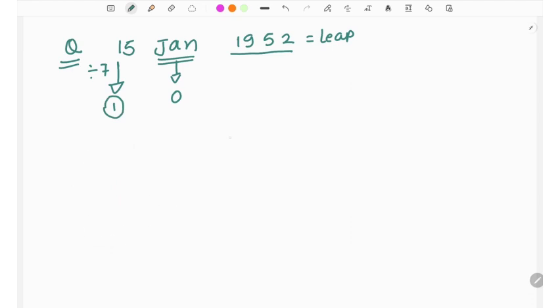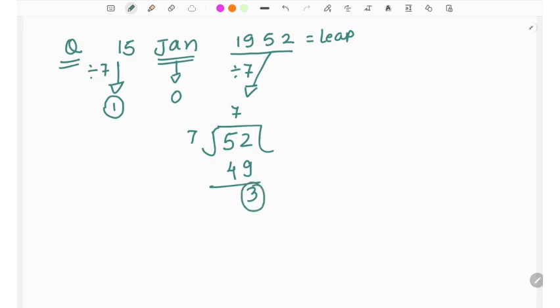Later on, I divide the given year 52 by 7 and again consider the remainder. 7 7s are 49, so this will give me a remainder of 3. The remainder that we have got after dividing 52 by 7 is 3.